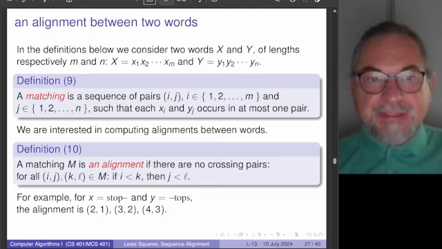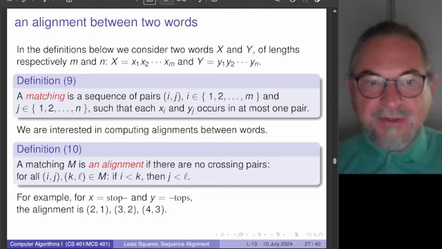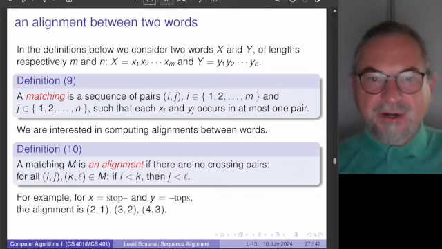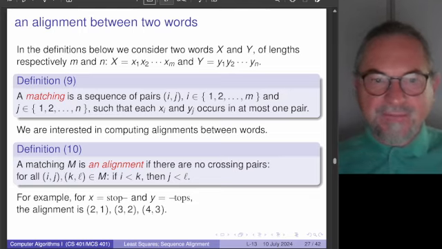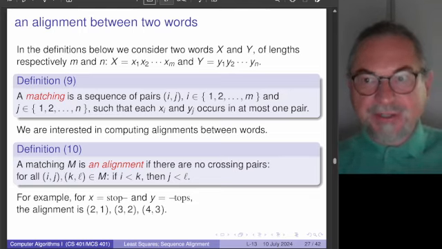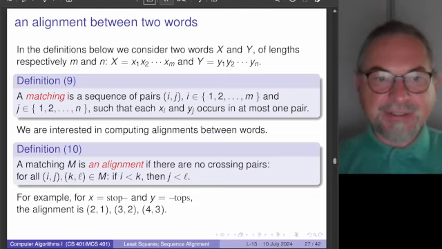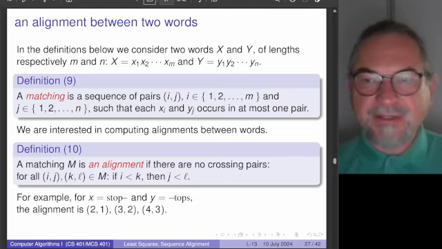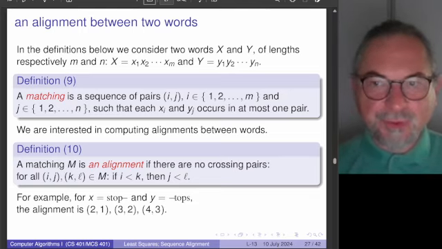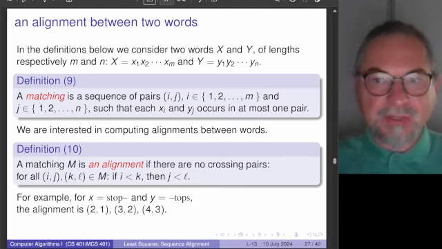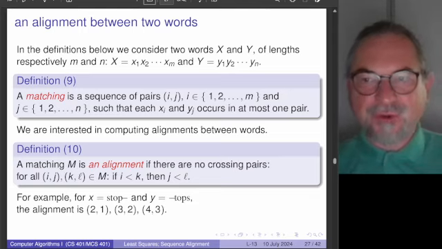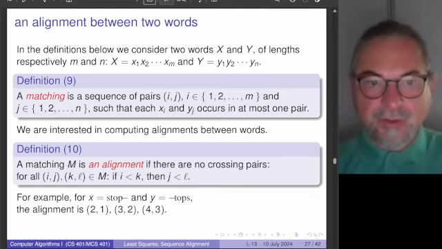So we are interested in computing alignments. In the alignments, there are no crossing pairs. We have listed the pairs in the order of their indices. The example probably makes it clear. If we have omitted the S in the first word and also omitted the S in the last word, but they're at the beginning, we can align the two words if we insert a gap in the second word.